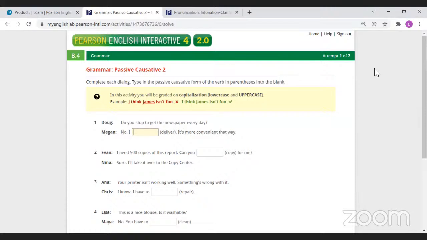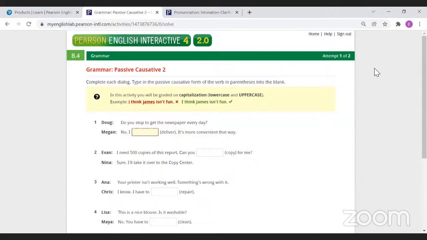It says, do you stop to get the newspaper every day? No, I have, or I got a delivery. What is the object? The object is if he stops to get the newspaper every day.